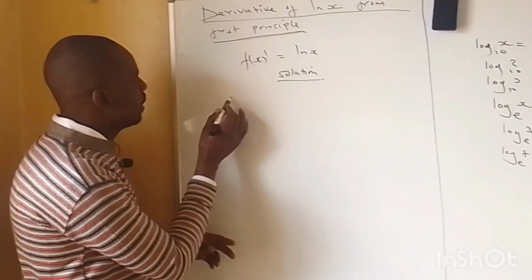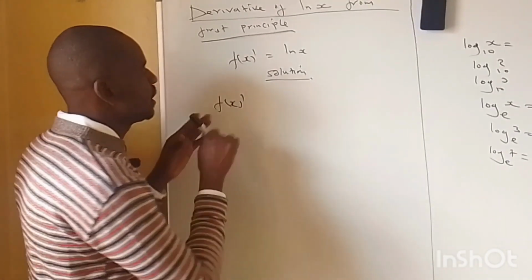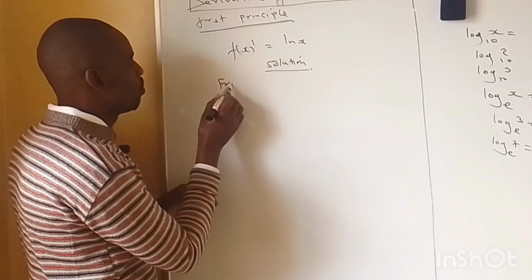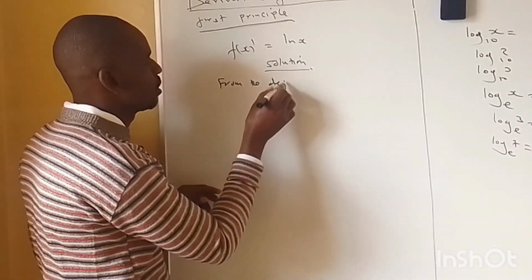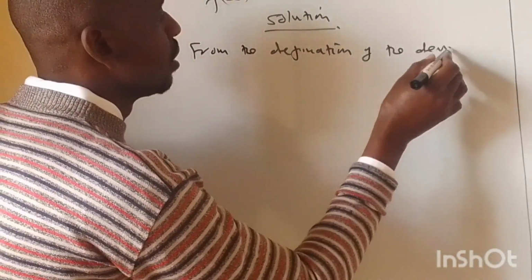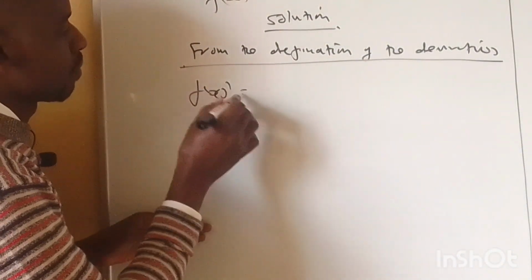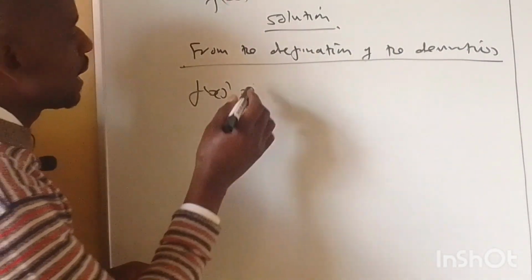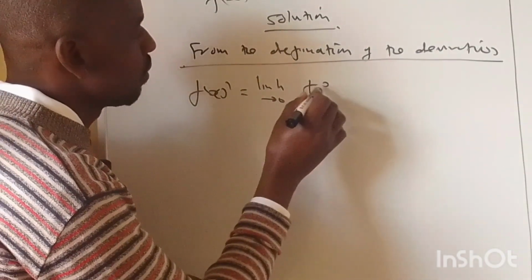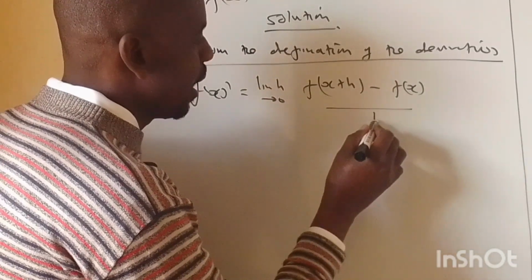So let's look at the derivative of the function from the definition of the derivatives. We say as the limit h is tending to 0, the function of x plus h minus the function of x, over h.